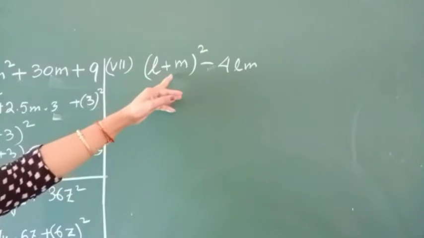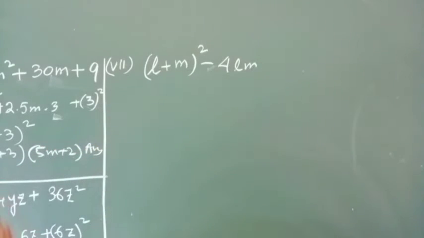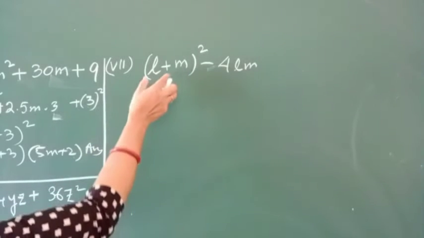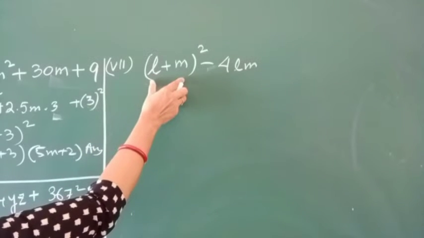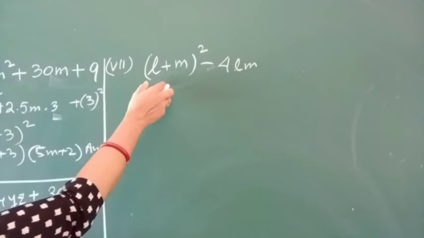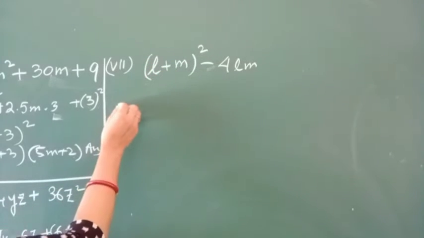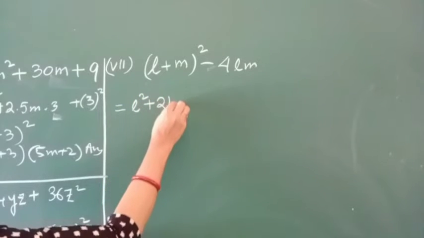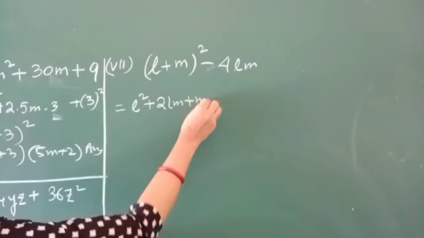Now L plus m whole square minus 4lm. Here we can expand this binomial with this identity a plus b whole square. So L square plus 2lm plus m square.